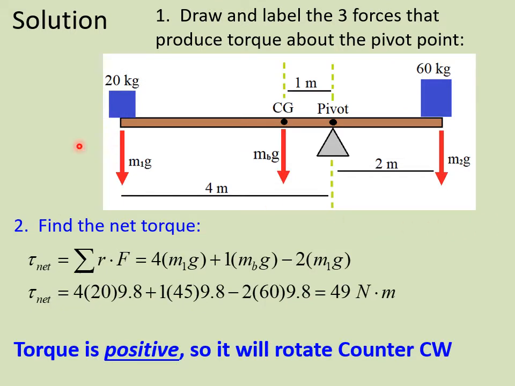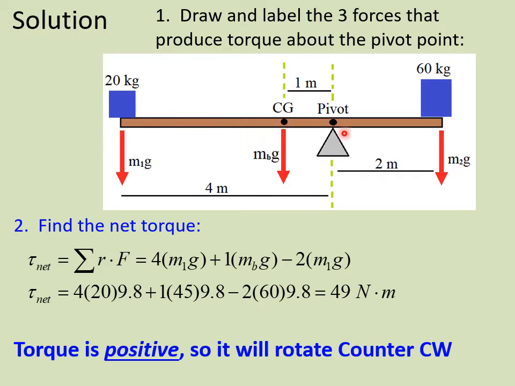So the key thing here is the only difference between this problem and the last one is that, remember, this heavy beam, we have to model it as its gravity force, its weight right here, acting on its center of gravity. Okay, that's the trick.